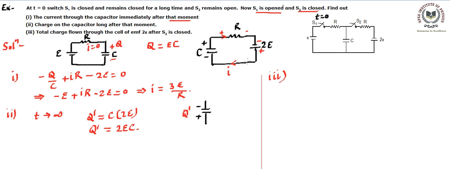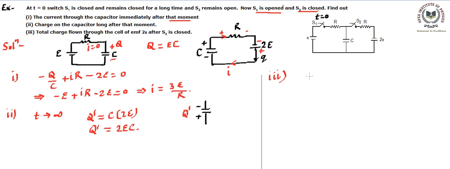So here the current has gone, so that means there must be a charge gone. Initially this has a charge CE, with this positive and this negative. That means this negative plate earlier had a charge minus CE. Ultimately it has a charge 2CE. So let's say Q charge has been supplied by this battery in total.